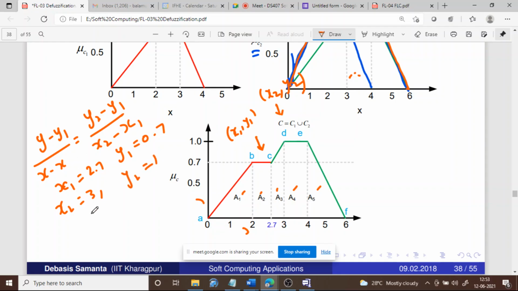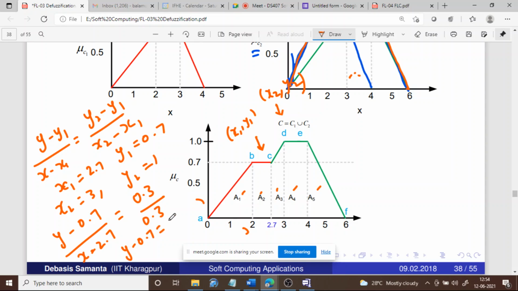Again, plug into this equation. So (y minus 0.7) divided by (x minus 2.7) is equal to (1 minus 0.7) which is 0.3, divided by (3 minus 2.7) which is also 0.3. 0.3 by 0.3 is 1.